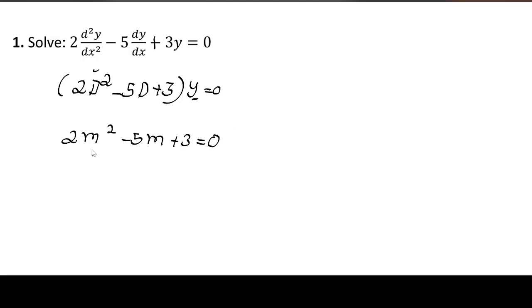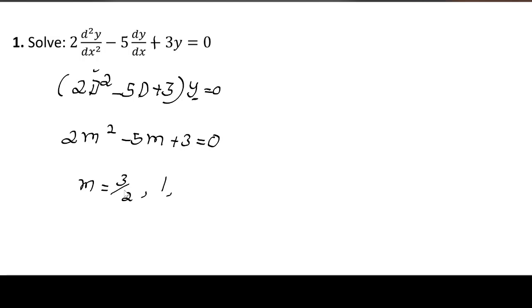This auxiliary equation is a quadratic equation. You know the process to determine the roots, so I'll directly write them: m = 3/2 is one root and the other root is 1. So 1 and 3/2 are the roots.